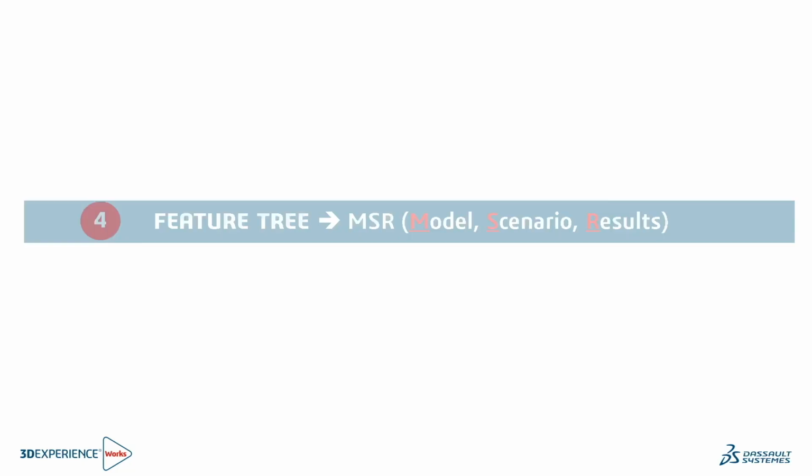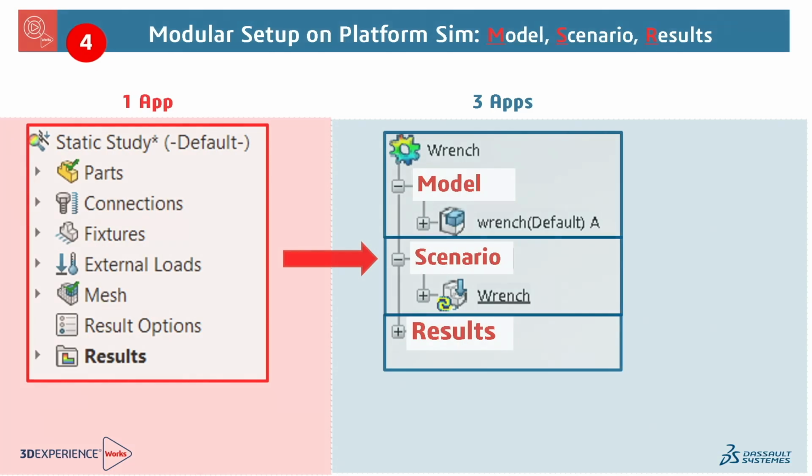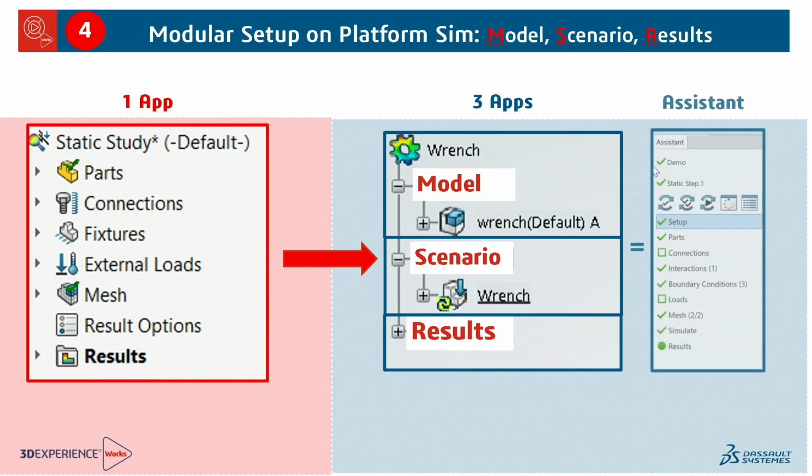And that's what we're going to talk about next, which is the model scenario results, or MSR for short. This has been the most important concept that helped me when I transitioned from SOLIDWORKS Simulation to 3D Experience. So the meat of the presentation is really to understand this, even though you can use the assistant for most of your applications.